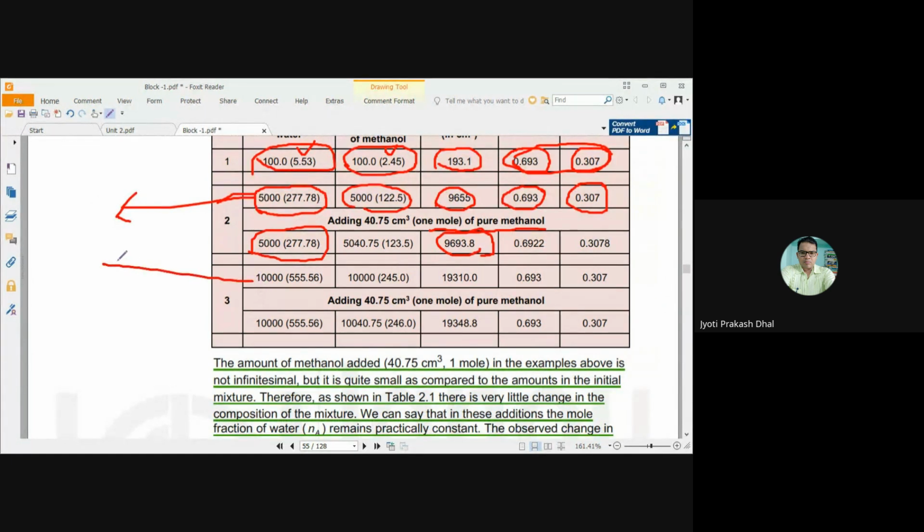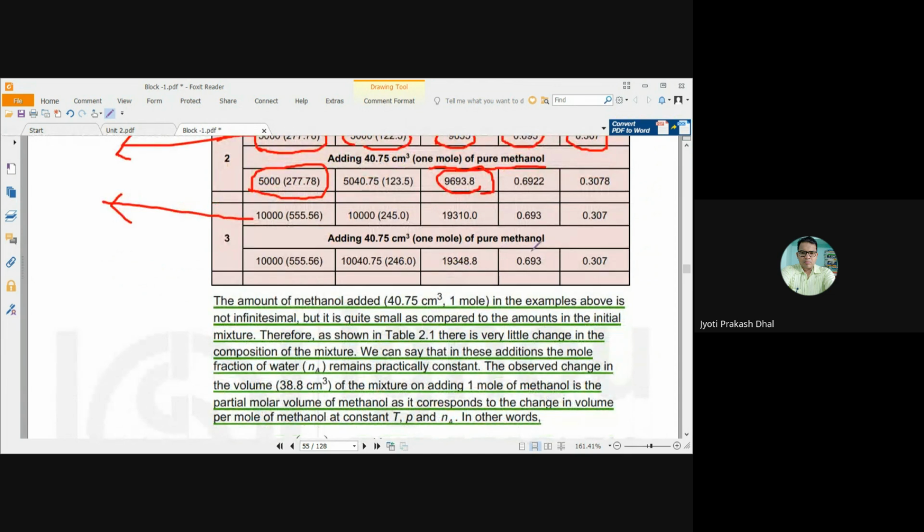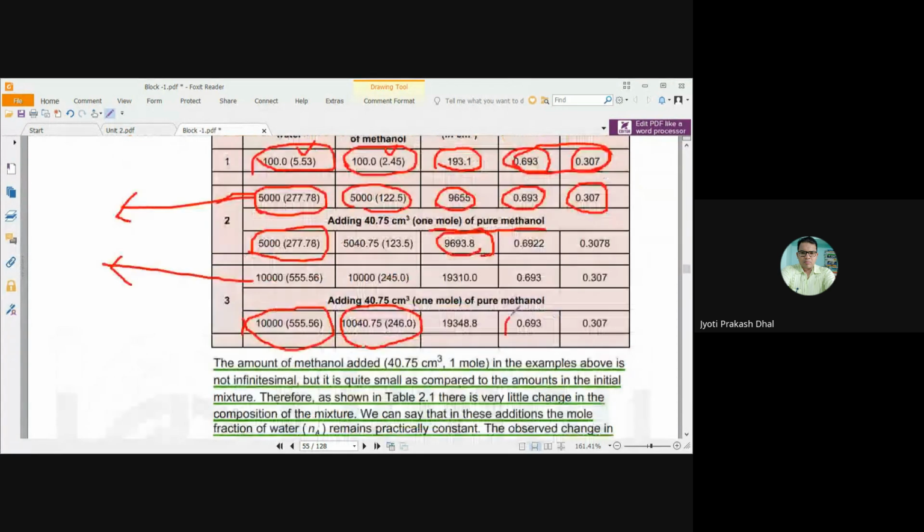So this is a very large volume of solution, and to this solution, if you add one extra mole of pure methanol, then the volume of water will remain the same, but the volume of methanol will change from 10,000 ml to 10,040.75 ml. Here you will observe that there is no change in the mole fraction of water and also of methanol. That means a very negligible change, and the number of moles of water and methanol will remain the same.